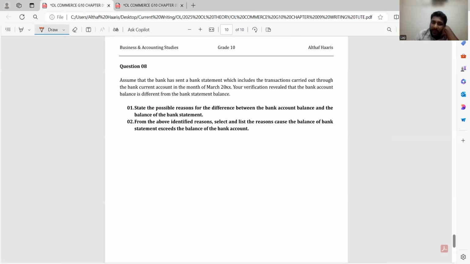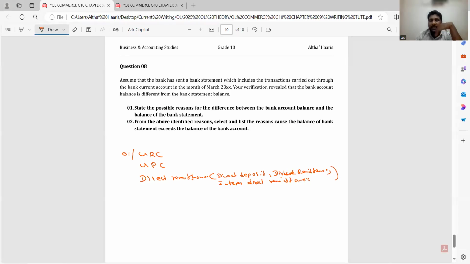State the possible reasons for the difference between bank account balance and the bank statement balance. So people, 5 reasons. First one, I'll write it in short form. URC, UPC, direct remittance, like direct deposit, dividend remittance, interest, direct remittance.